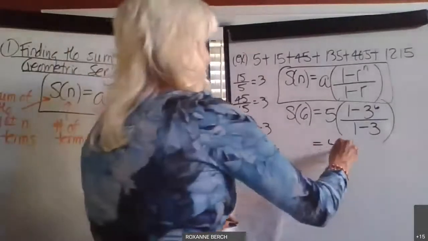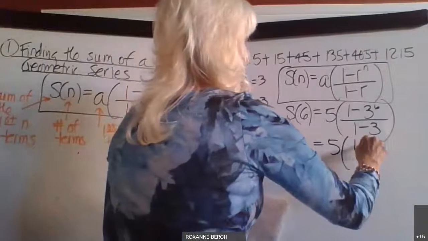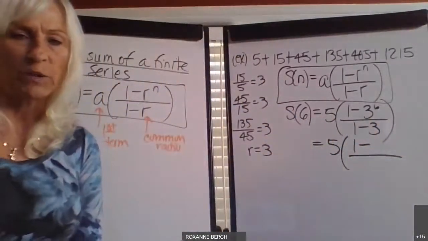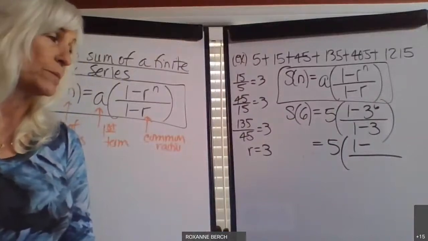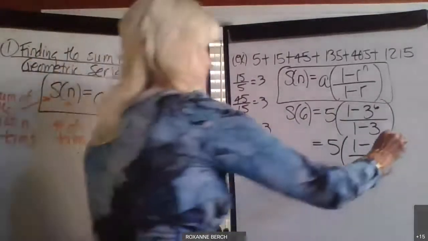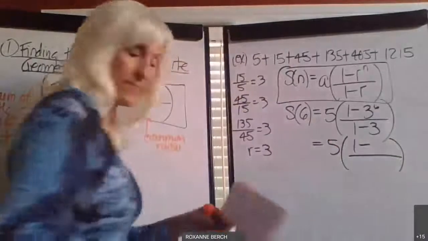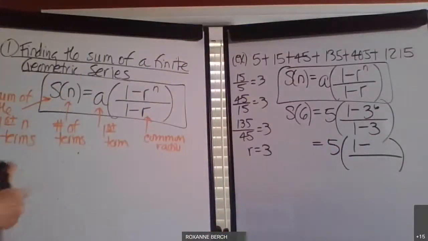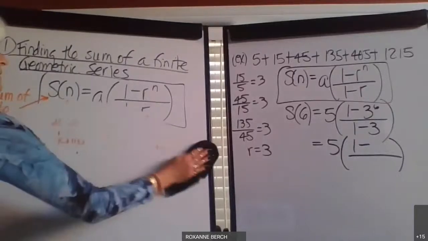So this is going to be 5 times 1 minus, and do 3 to the 6 on the calculator. So what's 3 to the 6 on the calculator? 729.